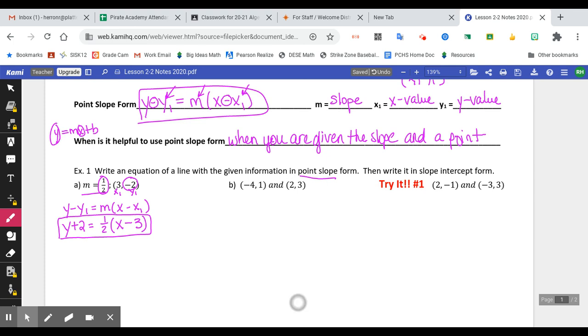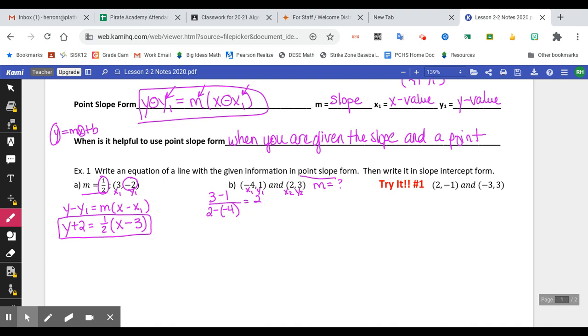Next, given 2 points, we don't know our m yet, so we have to go find that. That's using the same formula from the other day, y2 minus y1 over x2 minus x1. So I've got 3 minus 1 over 2 minus negative 4.